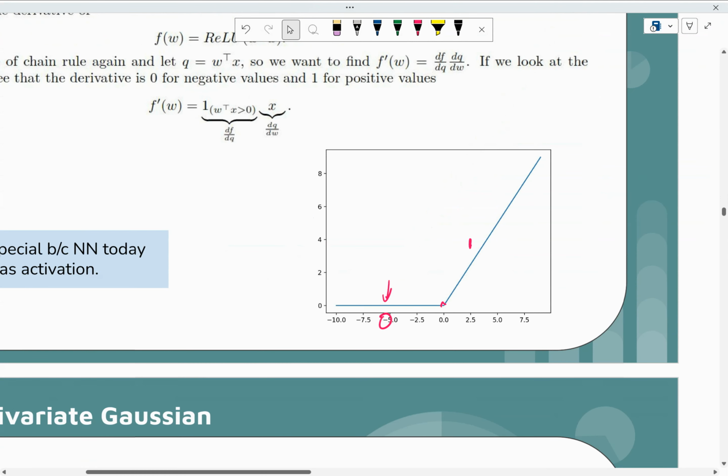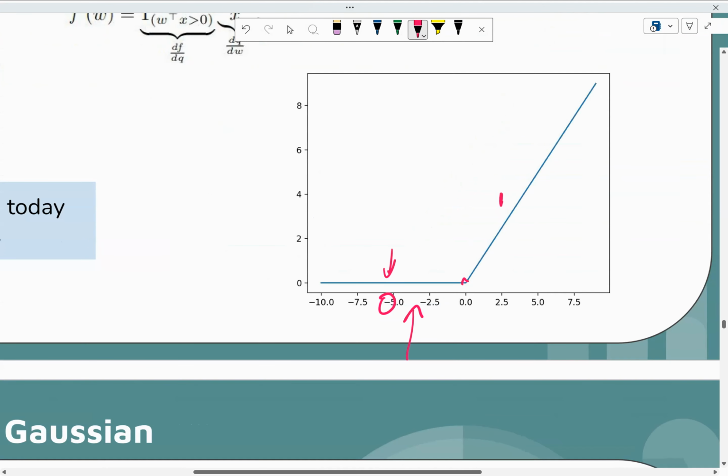Okay, so over here, basically anything negative, it's going to return a 0, implying that the slope or the derivative here is 0. Anything positive here, all right, it's just going to give you the number back. Now remember, if it goes this way and then it goes up exactly the same, then the slope, the derivative is just equal to 1, because this divided by this is equal to 1.